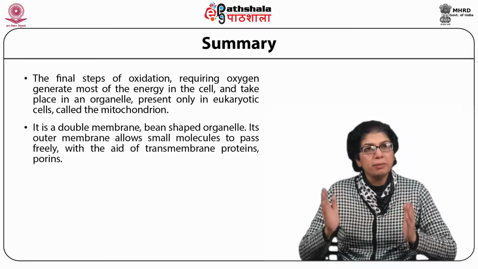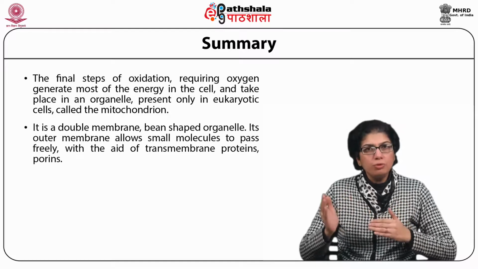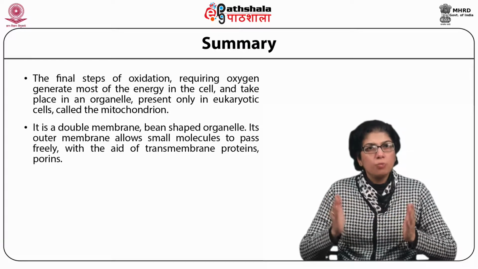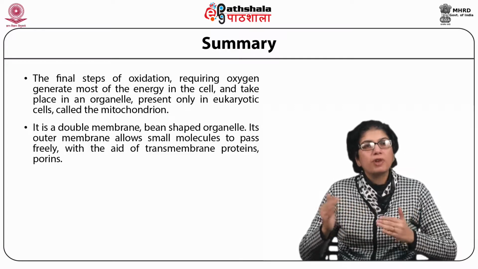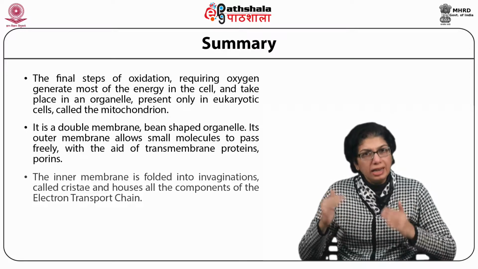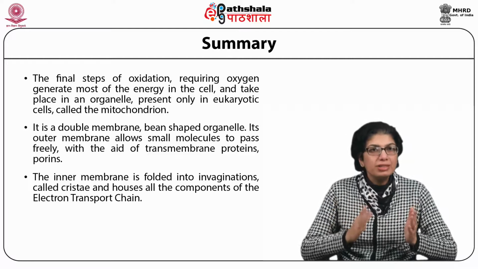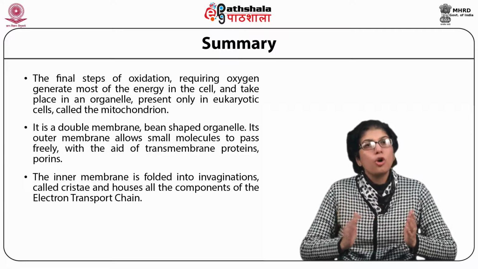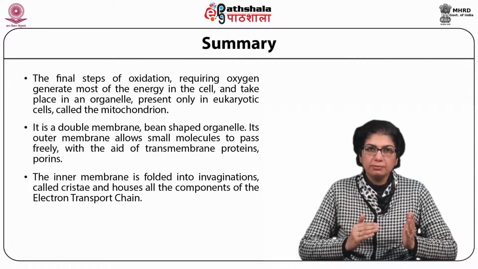It is a double membrane, bean-shaped organelle. Its outer membrane allows small molecules to pass freely with the aid of transmembrane proteins called porins. The inner membrane is folded into invaginations called cristae and houses all the components of the electron transport chain.